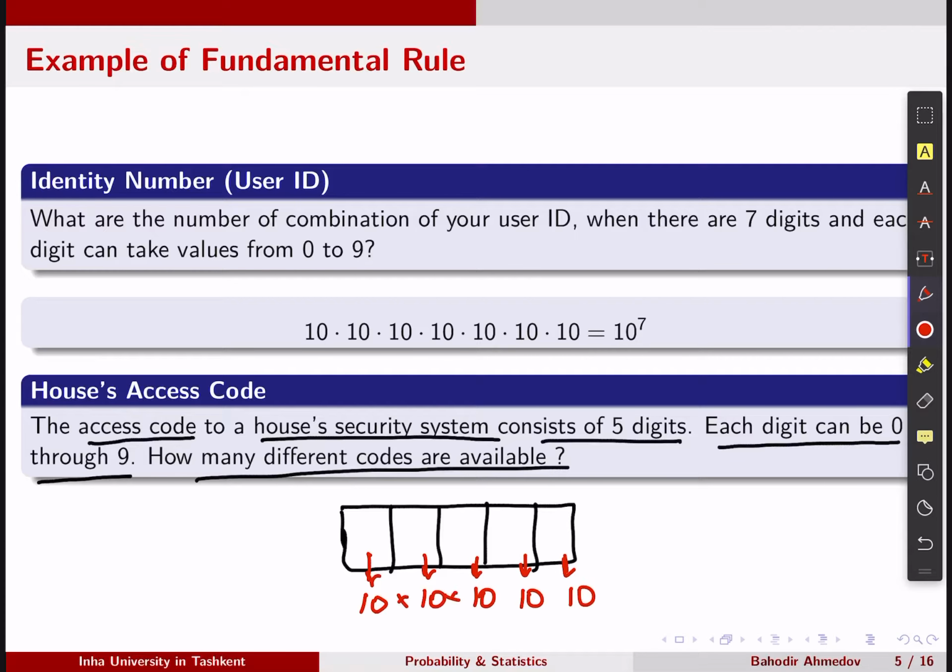You just need to multiply them to know how many different combinations I need to try to break your house system. It's going to be 10 to the power of 5, and actually it's not a big number for a computer, so it's going to be 100,000 different codes.